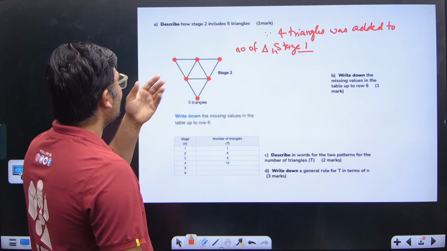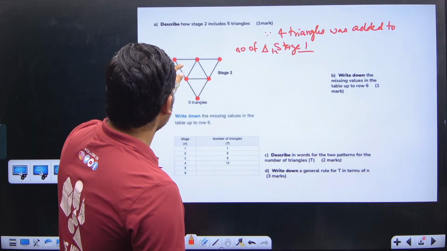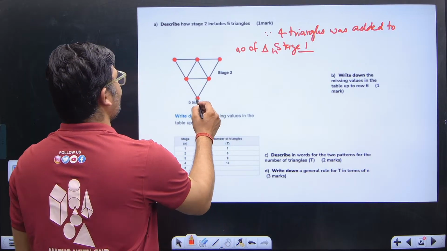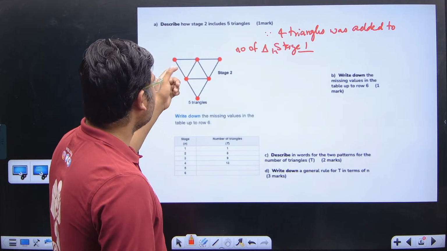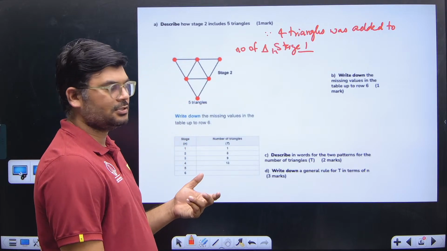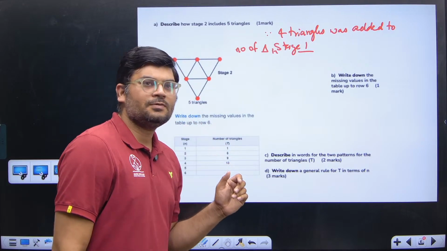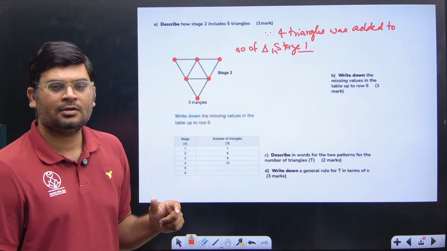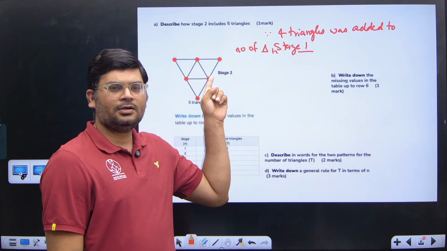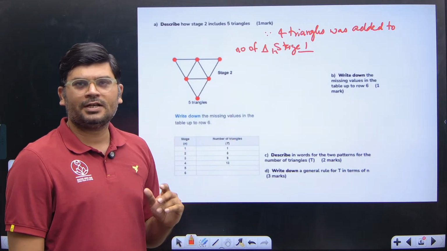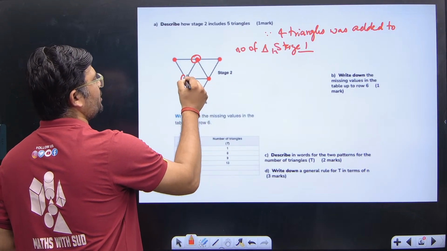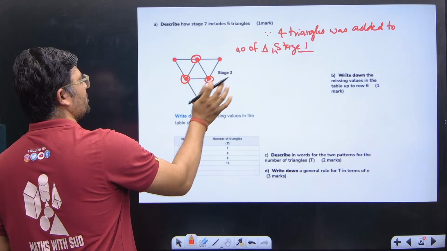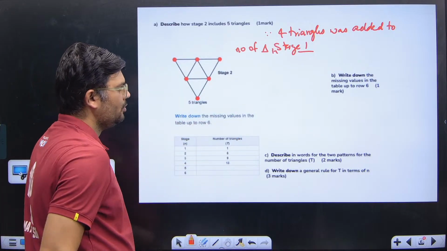Okay, so the 5 triangles you got by 1, 2, 3, 4, and this is the 5th one. Yeah. So there was one big triangle, and then you have got 4 inner triangles. Yeah. So 4 inner triangles were added to one big triangle, right? Yeah. By joining the midpoints of all the sides of the triangle. You can see all the triangles were found by joining the midpoints of the triangles. Are you getting it? Yeah. Yes. Okay.